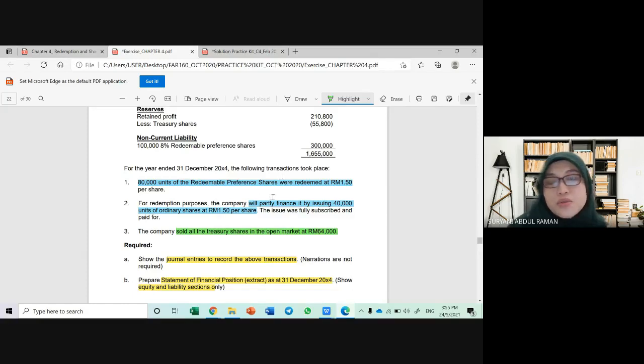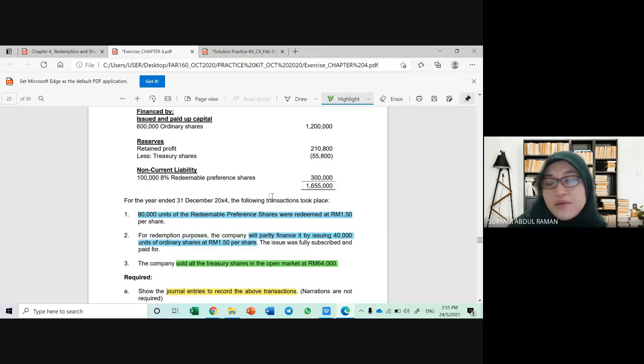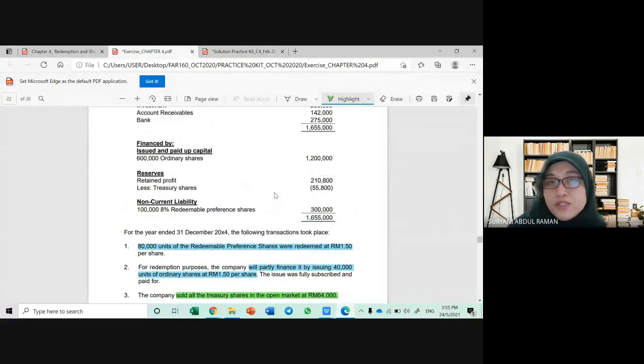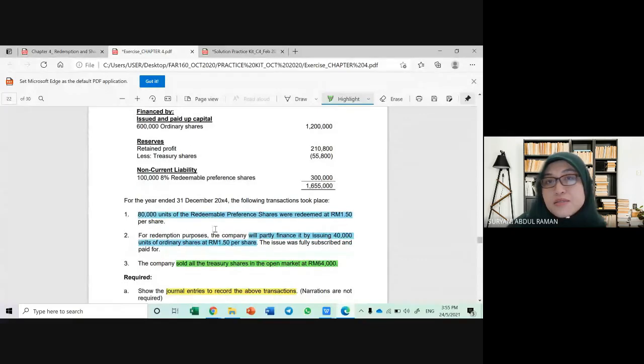So very limited information to be tested here. It's quite easier compared to the previous question, because we have already learned about the redemption of redeemable preference shares, but a new thing that we are going to present here is the practice of treasury shares.